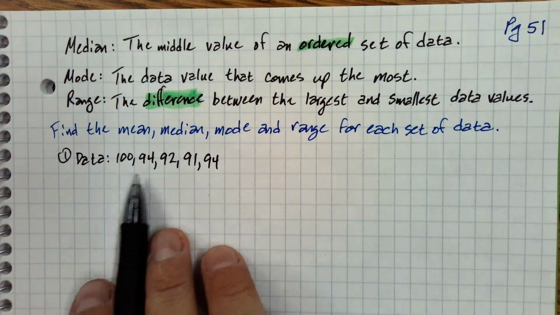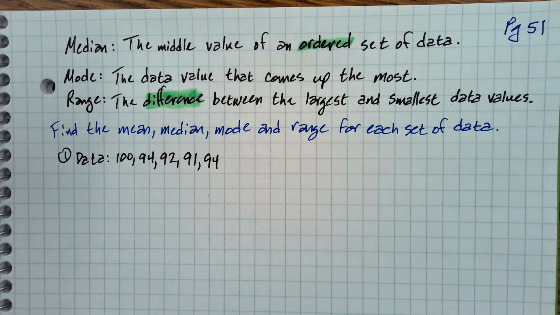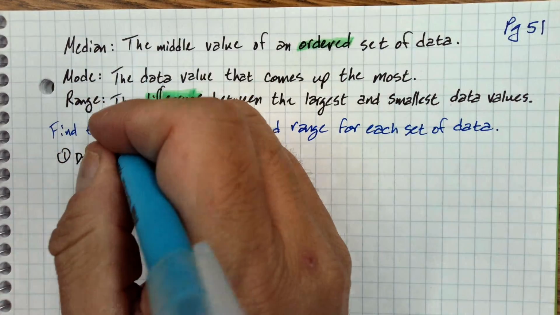That makes it 1, 2, 3, 4, 5 numbers. Okay. So the first thing we're going to find is the mean.